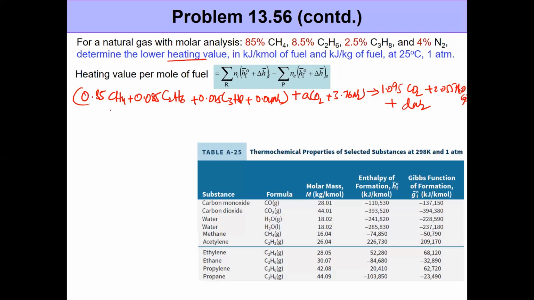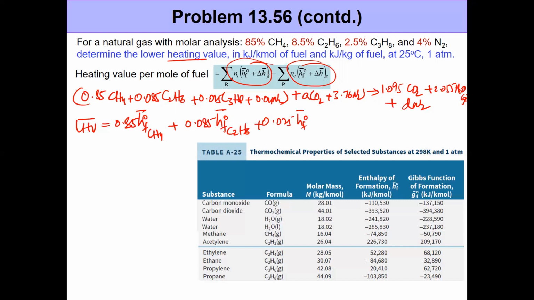All right, so now we just need to apply this formula, nothing else. Lower heating value in terms of kilojoule per kilomole is going to be the mole times the enthalpy of formation. Okay, so it's 0.85 times enthalpy of formation of CH4 plus 0.085 times enthalpy of formation of C2H6 plus 0.025 enthalpy of formation of C3H8.